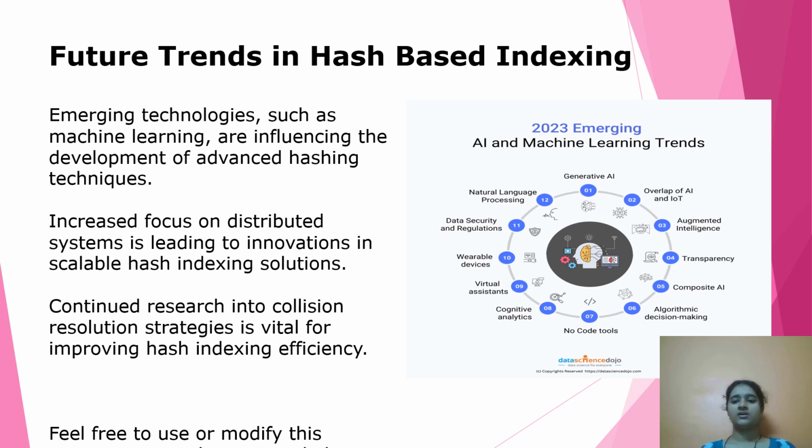AI and machine learning technology trends are 12 types: generative AI, overlap of AI and IoT, augmented intelligence, transparency, composite AI, algorithmic decision making, no code tools, cognitive analytics, virtual assistants, wearable devices, data security and regulation, natural language processing.